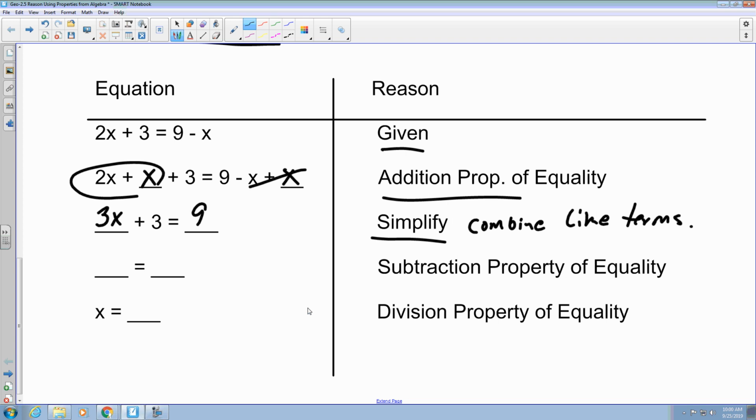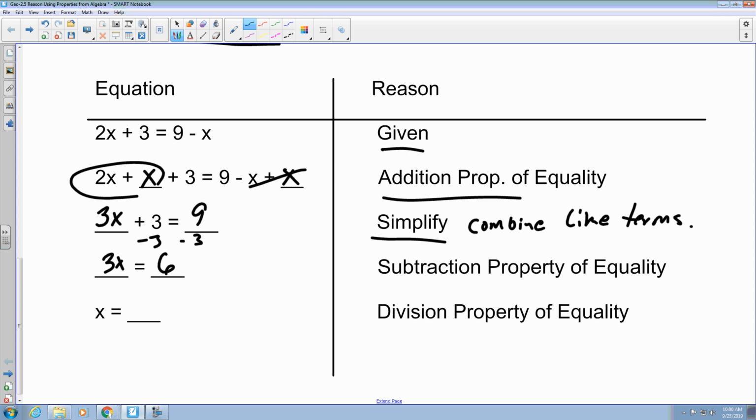From here, the next step says it's the subtraction property of equality, so that means we're subtracting something. I'm subtracting 3 from both sides. When I subtract 3 from both sides, I'm left with 3x on the left and 6 on the right-hand side. That's my reasoning.